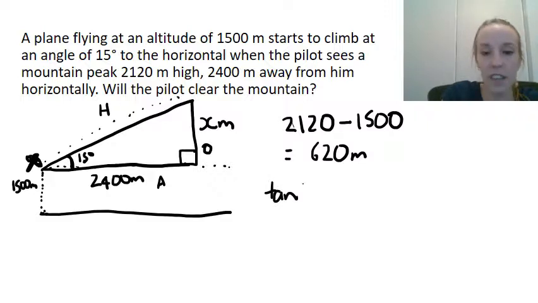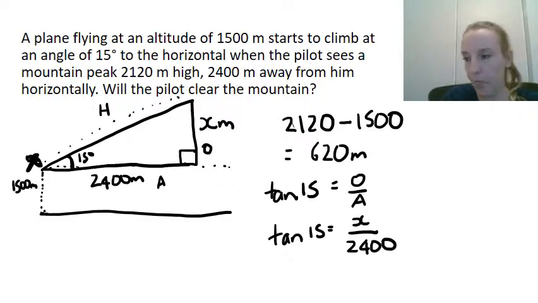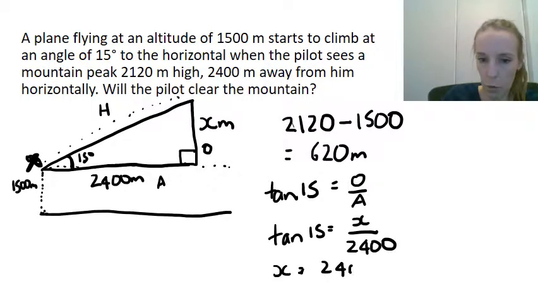So tan 15, because that's the amount he's climbing, is equal to our opposite over our adjacent. So tan 15 is equal to x over 2,400. So then we can just rearrange that. So x equals 2,400 times tan 15.